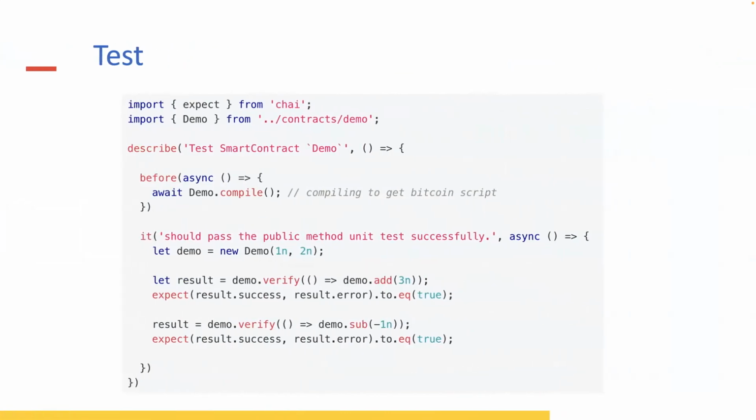So the framework also comes with testing support out of the box. For example, if you want to test the demo contract we showed earlier, it has a public function that you can use to add two numbers or subtract two numbers.